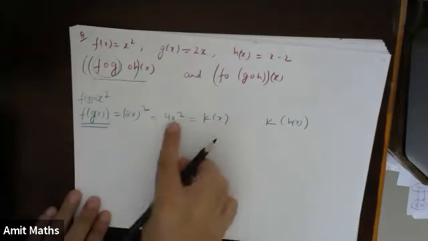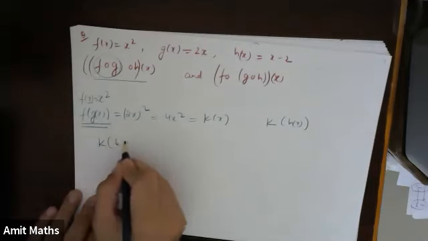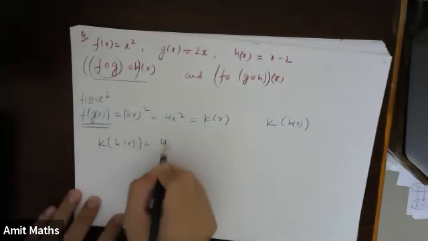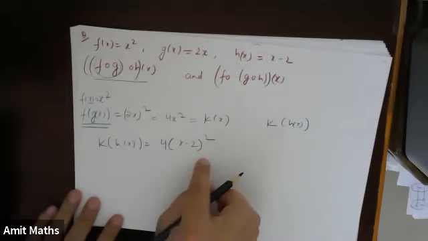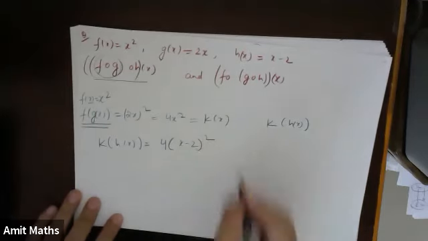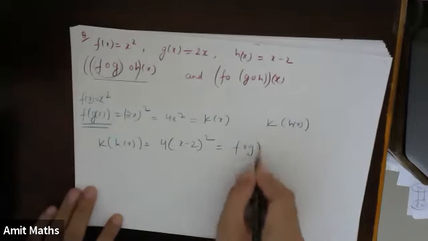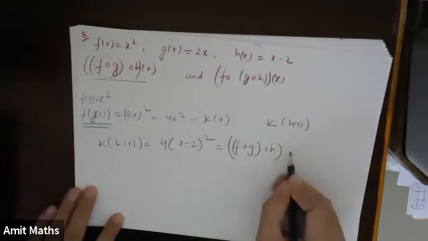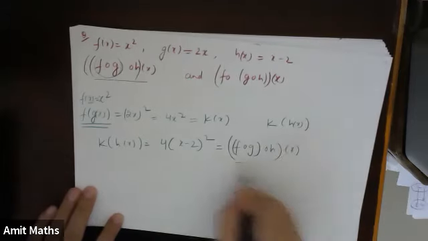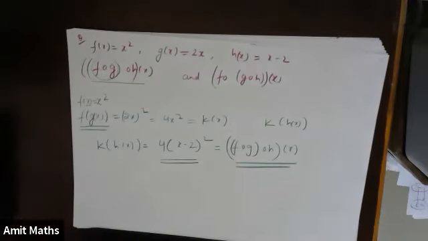So instead of x, I will substitute x minus 2. So k of h of x will be 4 into x minus 2 whole square. Understood? So this is nothing but f o g: first I found f o g, and in that I substituted h of x. So I'm getting this as f o g of h. Fine, this is okay for everyone.